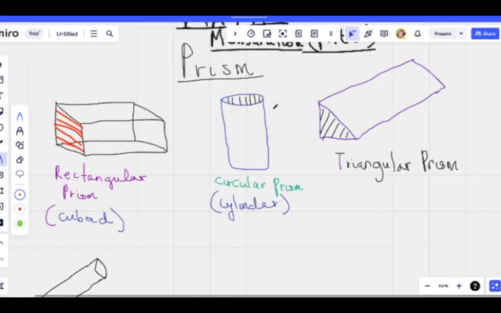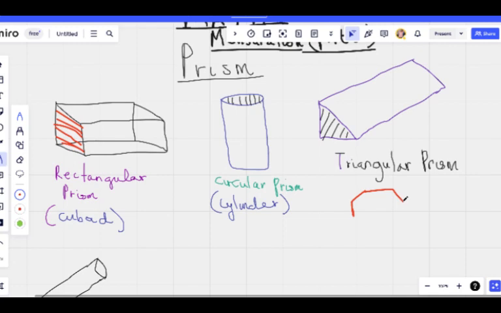If the base shape is a hexagon, it's called a hexagonal prism.